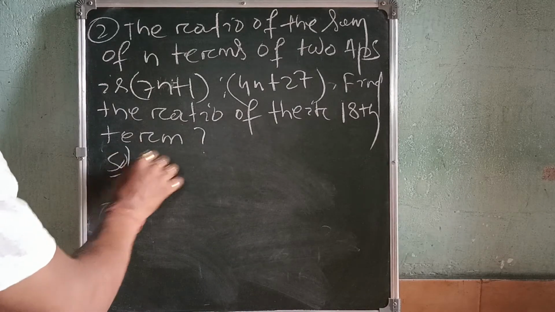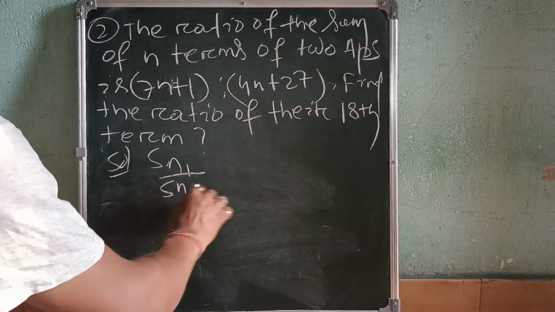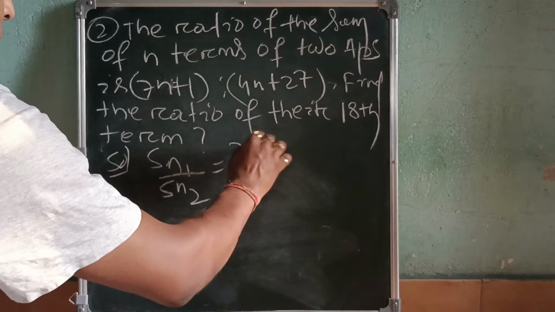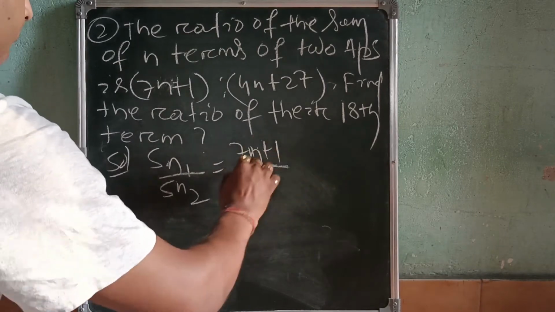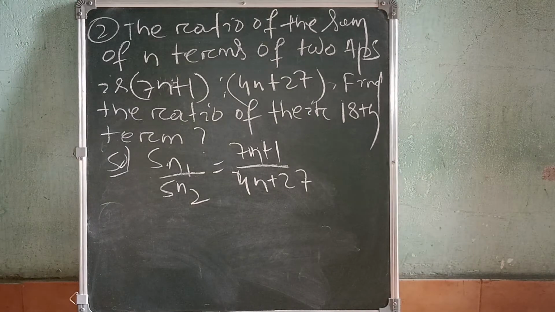What is given? Suppose Sn1 by Sn2, that means (7n + 1)/(4n + 27). This is given. If the question is like that, how do you find the 18th term?